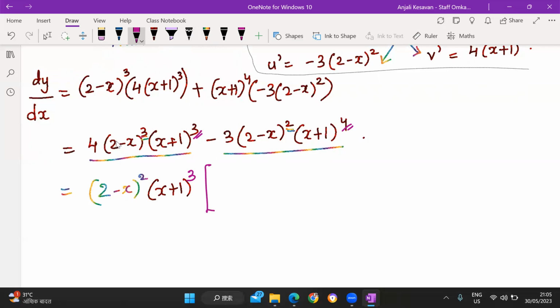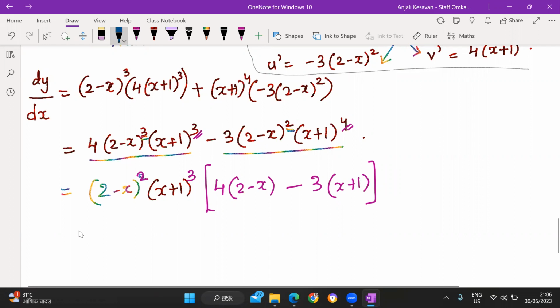Now what is left out in this expression? 4 is left out, and you can see we are only taking out square, so one expression of this is left out. So 2 minus x is left. Minus sign remains as it is. 3 remains as it is. What about here? x plus 1 is left out. Do you understand?